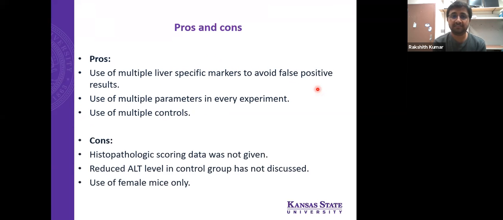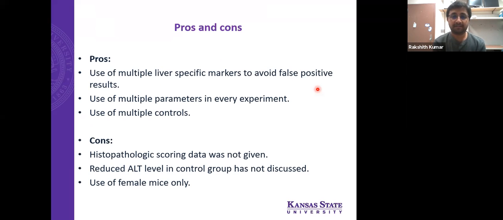The pros of this paper are: they have used multiple liver-specific markers to avoid false positive results, multiple parameters in every experiment to come to a conclusion, and also multiple controls like polyC, luciferase as well as EGFP in some of the studies.